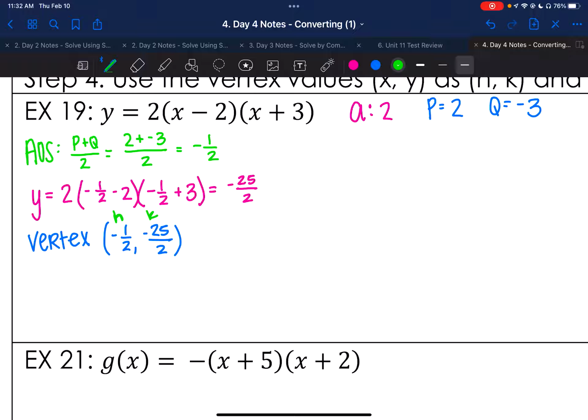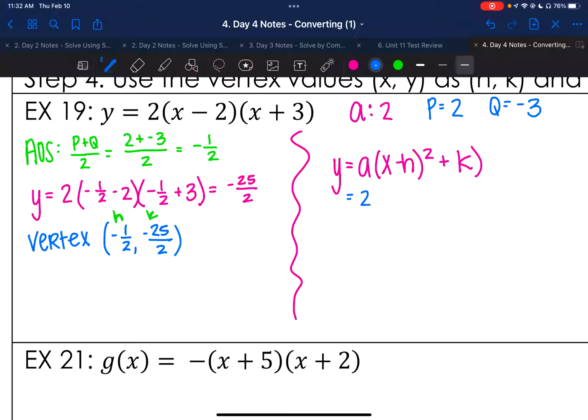And then we'll simply plug it into vertex form. So vertex form is y equals a times x minus h squared plus k. Our a value is 2 that we found from our original problem.